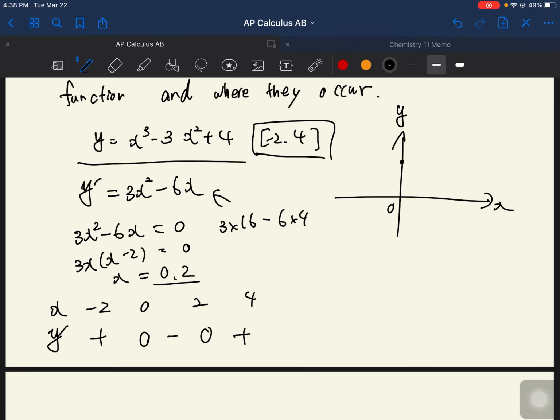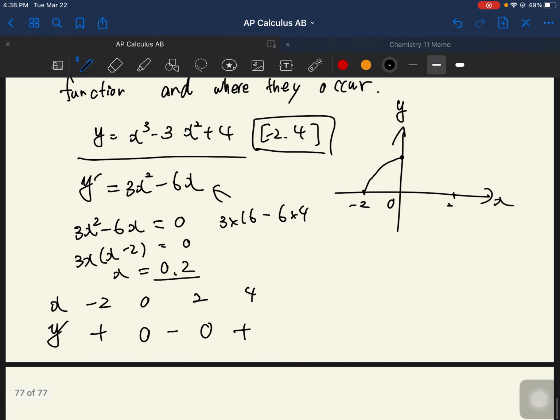Again, the graph has critical points when x equals 0 and 2, and between -2 and 0, the graph is increasing, and between 0 and 2, it's decreasing. And it has a critical point here. And then it's increasing again, like this. So the graph is going to be like this, but again it's not an exact graph, okay?